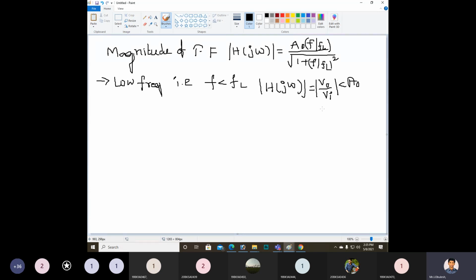Let us assume the second case, f is equal to fL, where the input signal frequency equals the lower cutoff frequency. Now what is the magnitude of the transfer function?